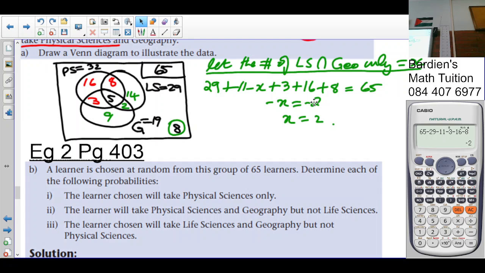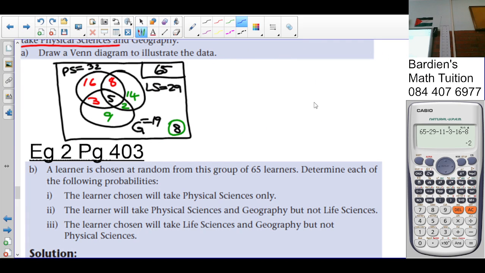Let's look at the first question. So the first question says, B1. It says, a learner is chosen at random from the group of 65 learners. Determine each of the following probabilities. The learner chosen will take physical science only. Physical science only is going to be 16 minus 6, which is 14.